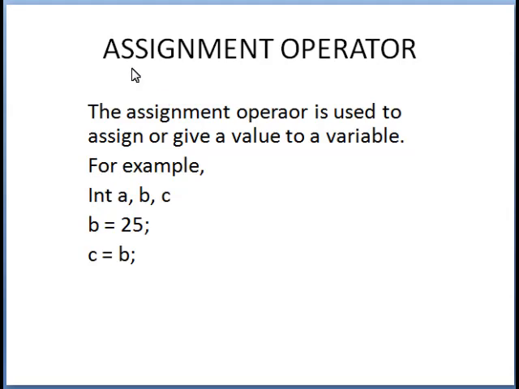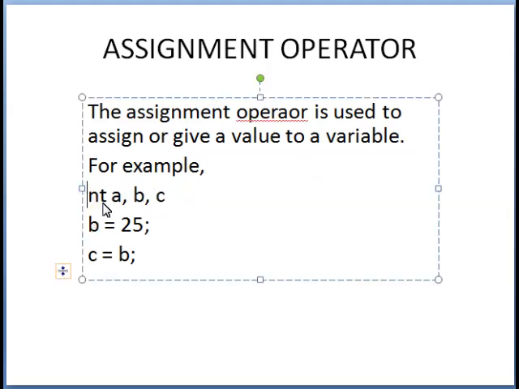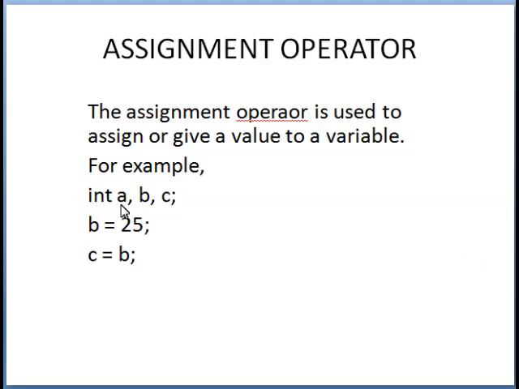Okay. So what is the use of this assignment operator? This assignment operator is used to assign or give a value to a variable. For example, int, the data type is integer. So int a comma b comma c. We are using three variables here, that is a, b and c.